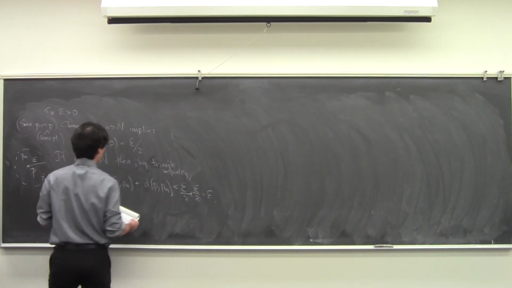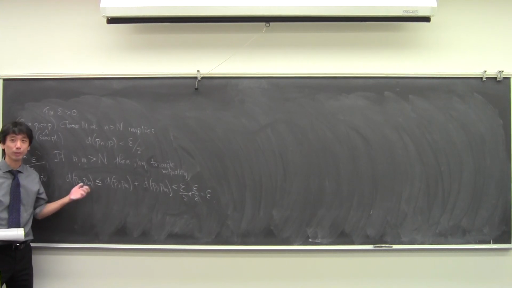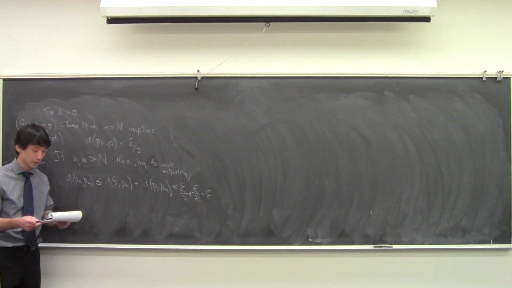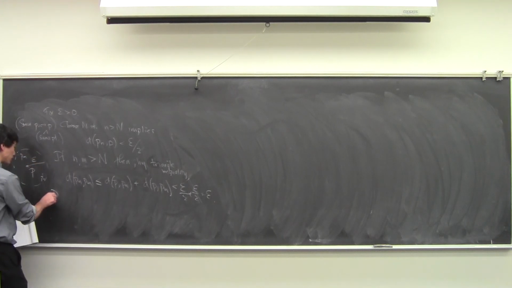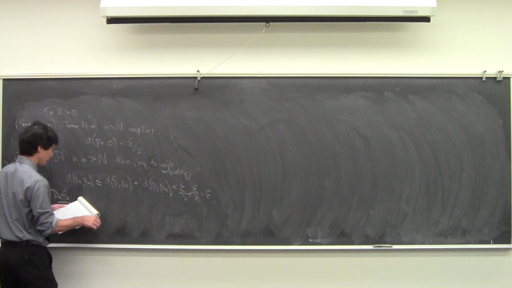Okay, so like we said before, being convergent means that you're Cauchy. Being Cauchy does not imply that you're convergent. This leads to the following definition.